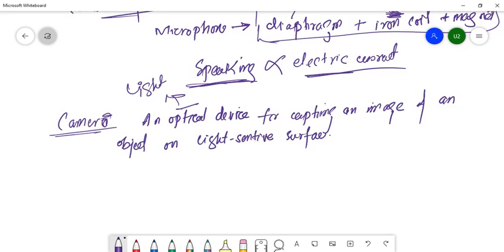A device for capturing an image of an object on a large sensitive surface, having a light-tight box with an aperture to admit light, focused onto a sensitive film or plate.